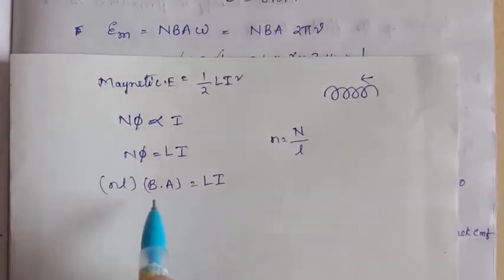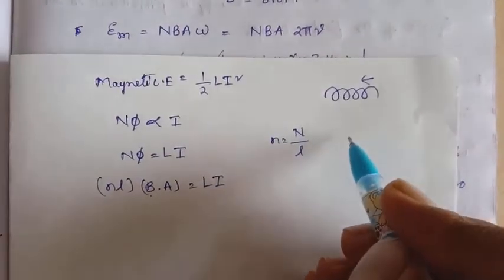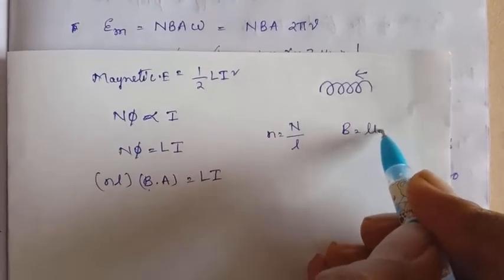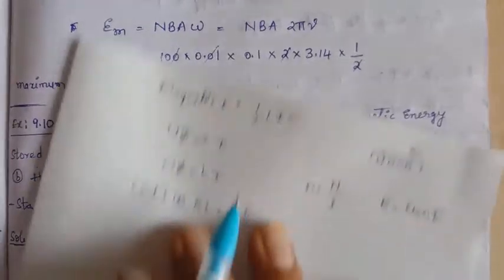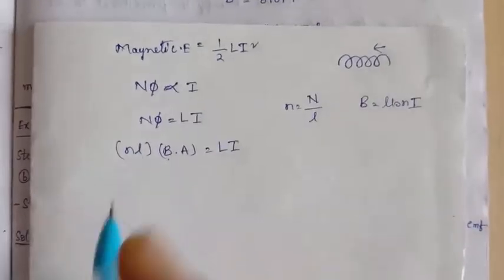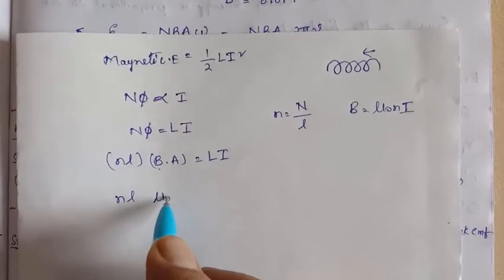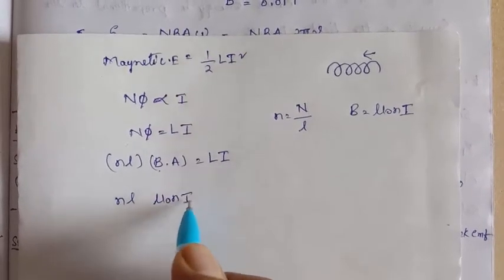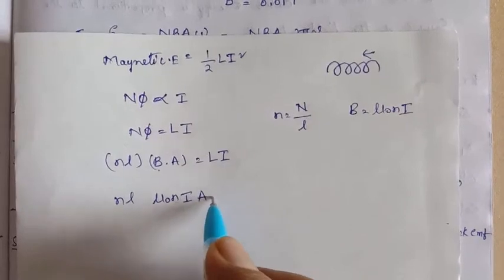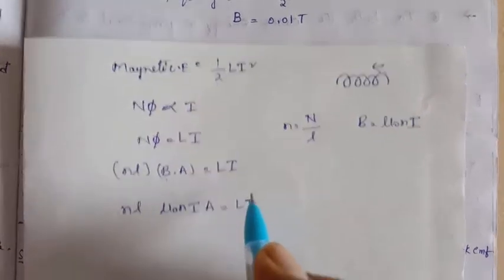And what is B here? For this solenoid, B is equal to mu naught n i. So substitute all the variables: N, L, B means mu naught n i, and again A, that is equal to Li. Compare these two.